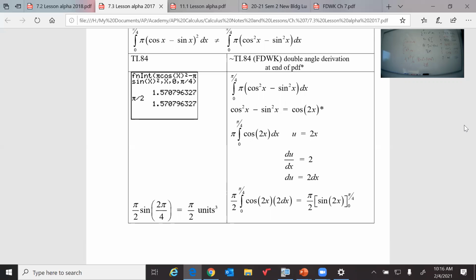Except it's an artificial problem. It's built to work out. And what is this? This thing equals cosine 2x, the double angle. Oh, nobody told me there's going to be pre-calc in this class. So if you have issues remembering your double angles, I put them at the end of the document.